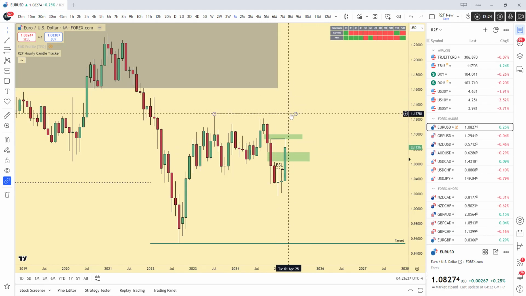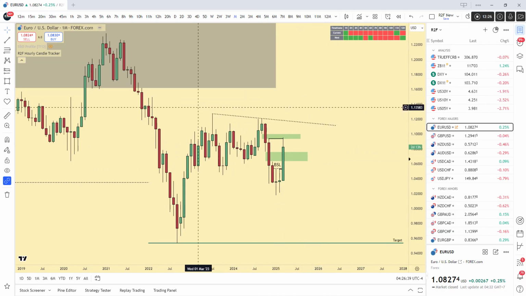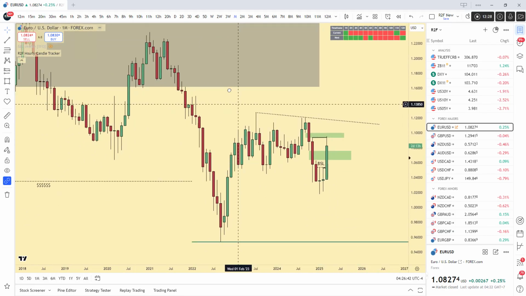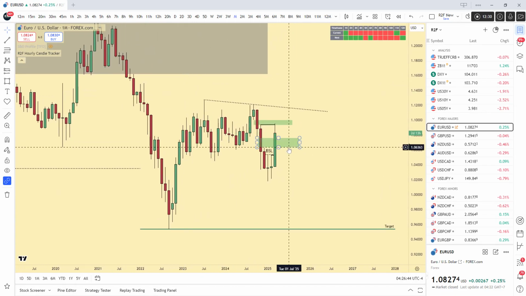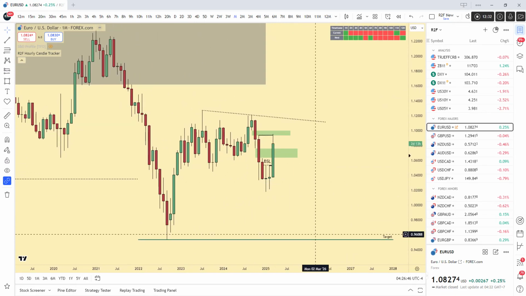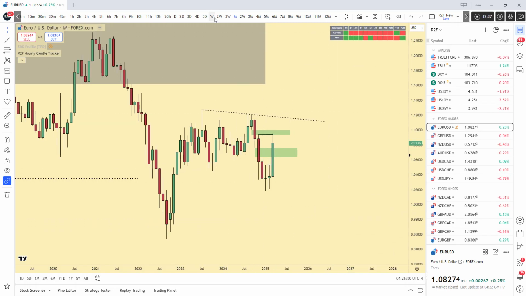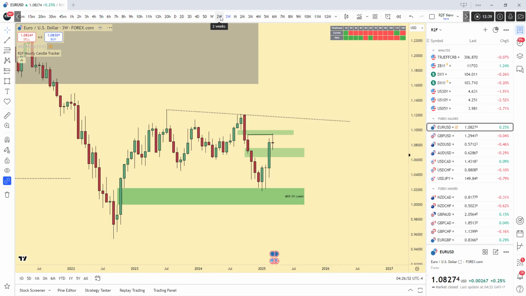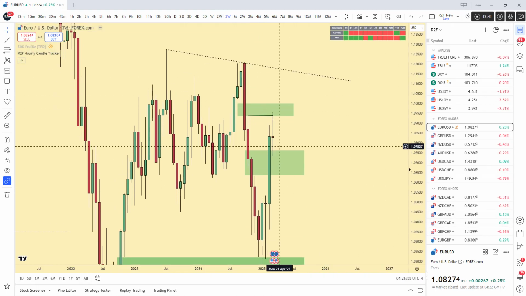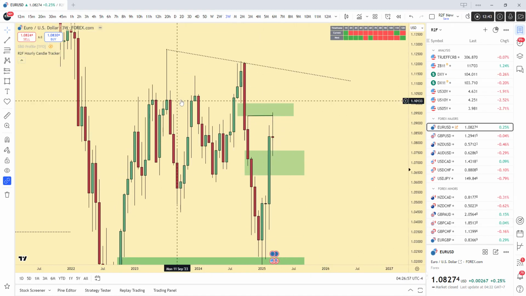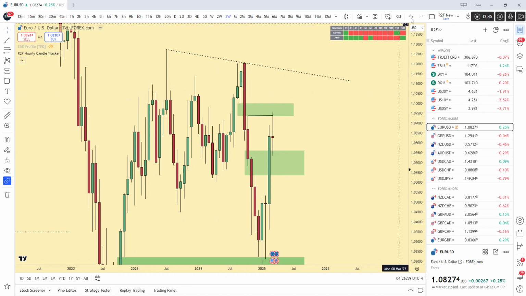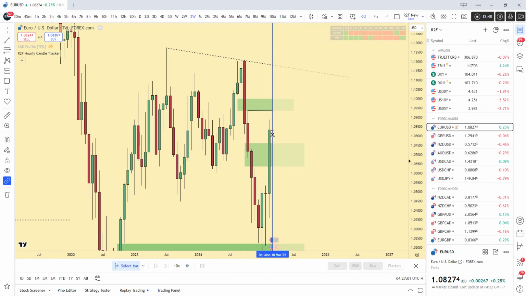Maybe higher, because there's relative equal highs. Quite possibly come higher. I'm not saying this is the target. Okay, and going to the 3 weeks. Okay, can you see how the same thing was kind of done over here?